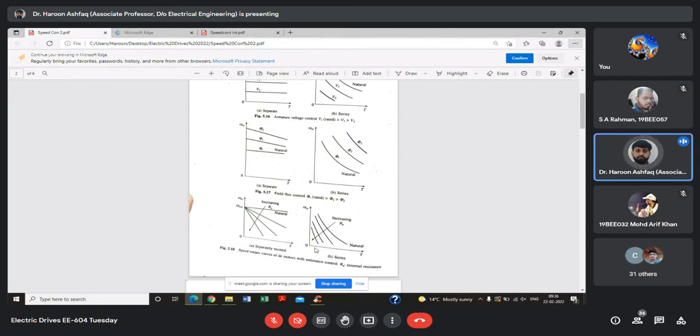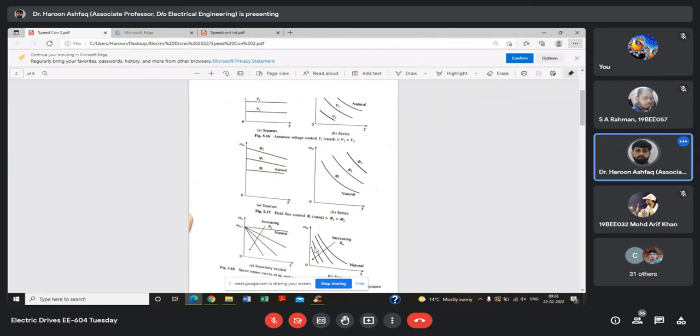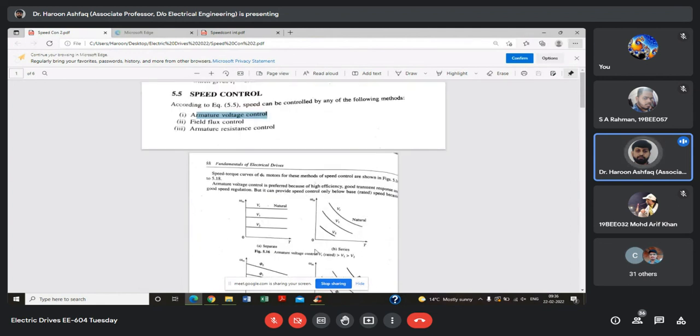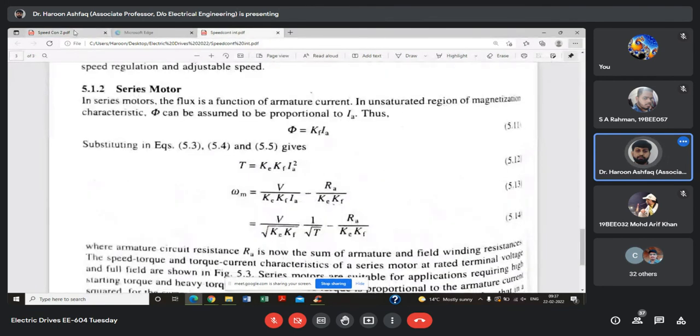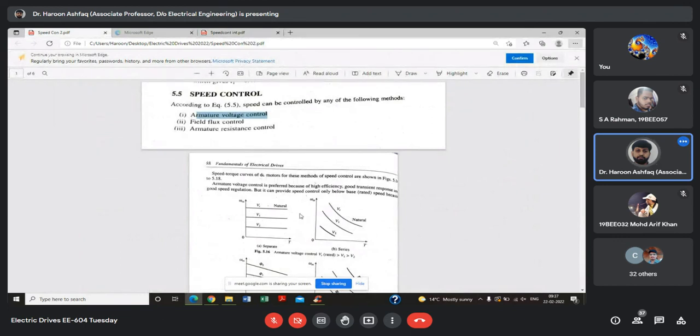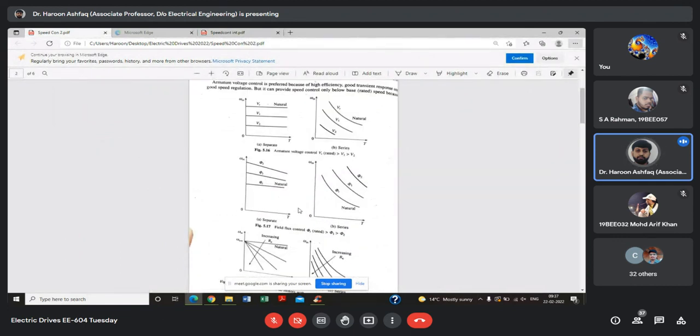ठीक है, now from the coming terms we'll see how these methods are actually applied. आपने ये तो देख लिया मैथमेटिकली, ये इक्वेशंस आपने डिराइव कर ली थी, उसका फिर कर्व भी प्लॉट कर लिया था। फिर उसके बाद हमने उसे ऑल्टर भी करके देख लिया कि अगर ये पैरामीटर्स चेंज करते हैं तो वी कैन ऑल्टर दीज कैरेक्टरिस्टिक्स। So at last we have a number of altered characteristics using different methods of speed control, and now we'll see how these parameters are actually varied.